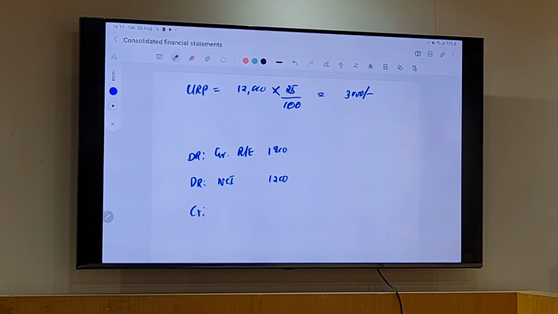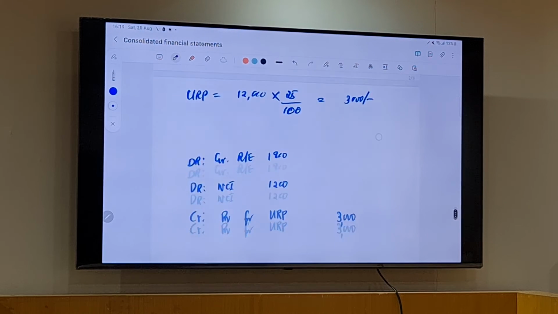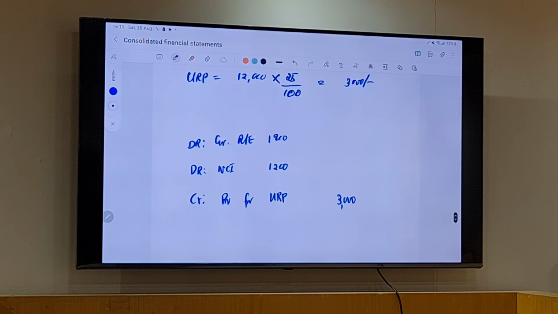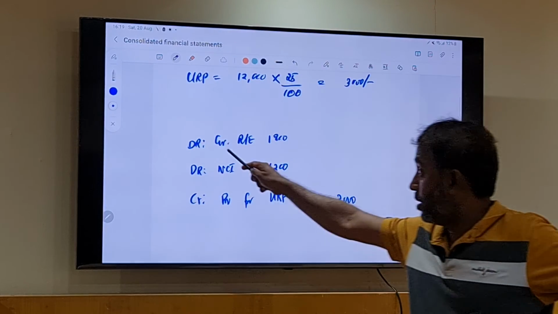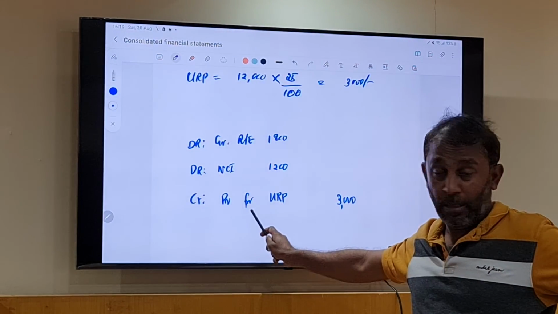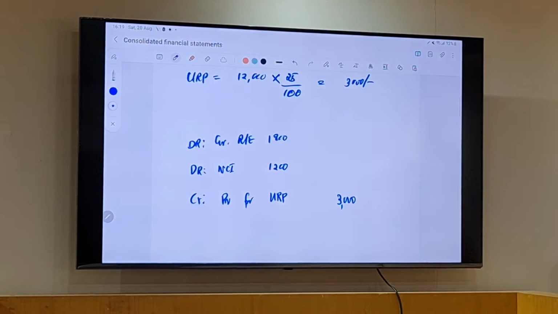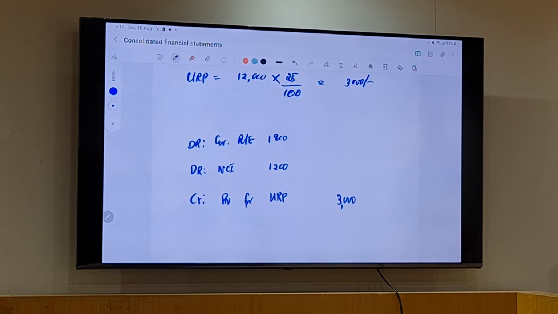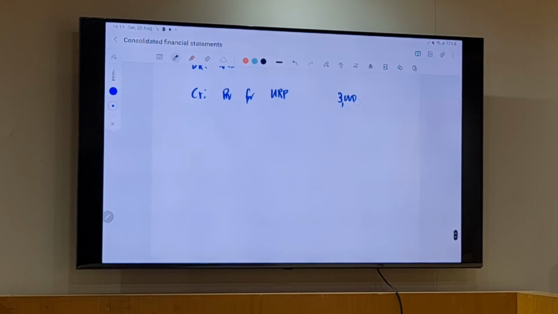And credit provision for unrealized profit. Clear? Okay. This is working number 3. So debit convention, debit first, the group retained earnings, and the last one is credit provision for unrealized profit. Now we go on to working number 4.